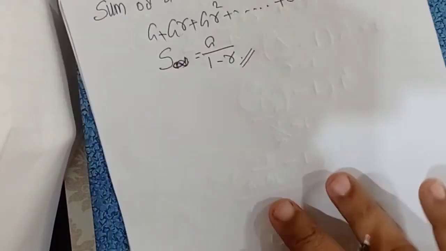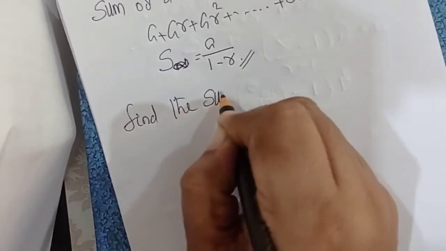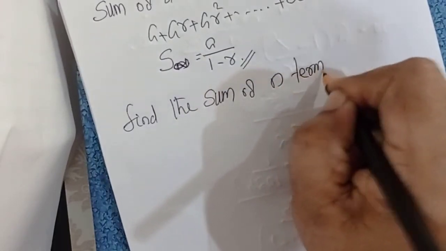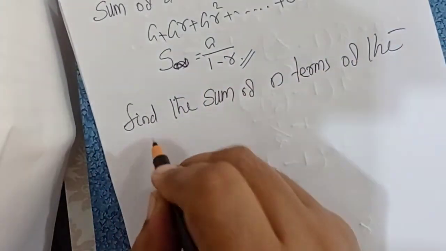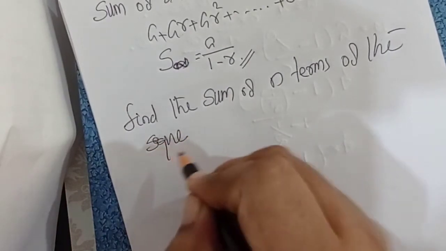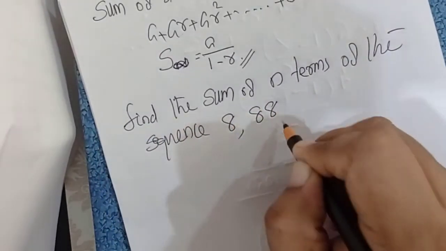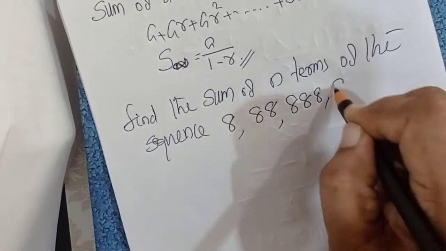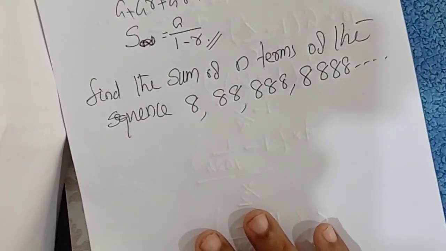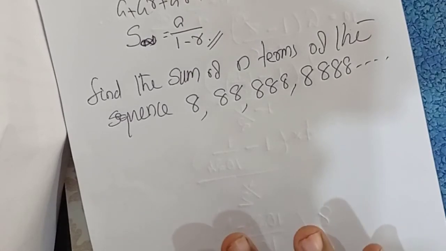Find the sum of n terms of the series 8, 88, 888, 8888, etc. What's our aim? Find the sum of n terms of the series.